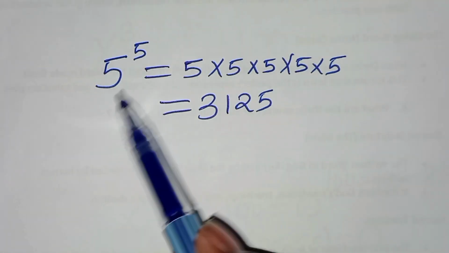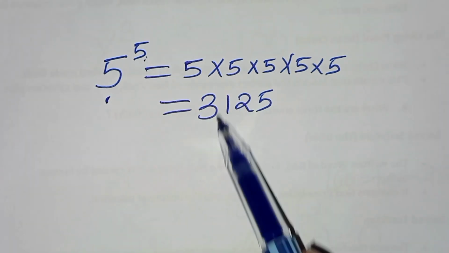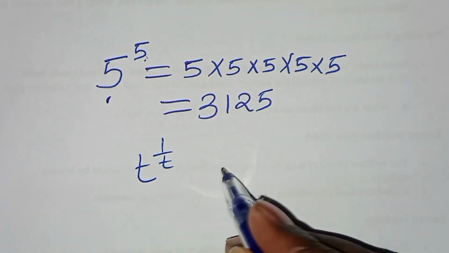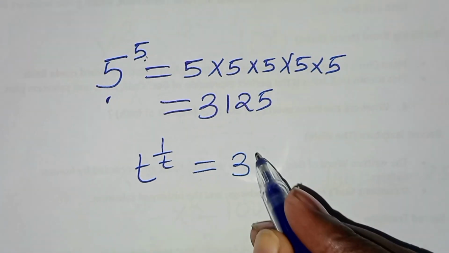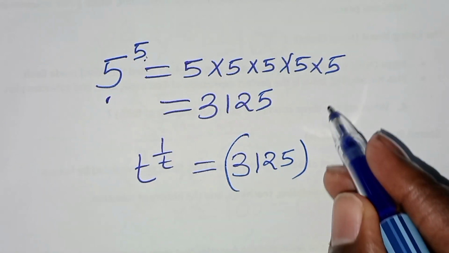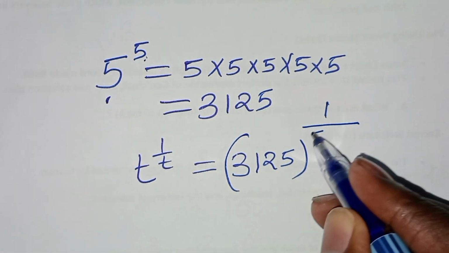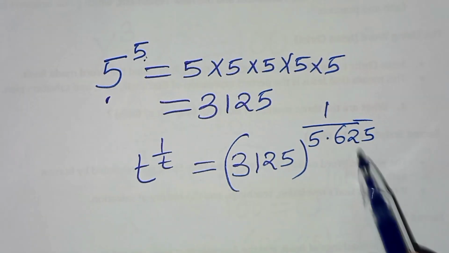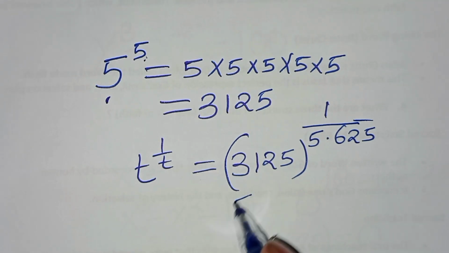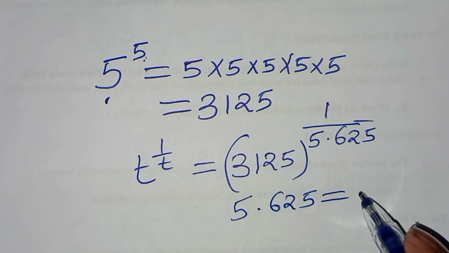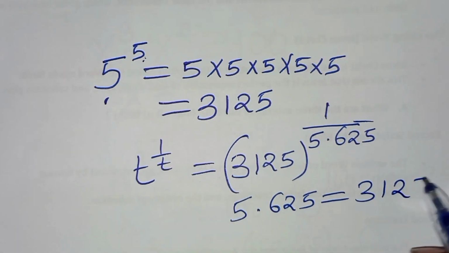Here we have 5 to power 5, which is 3125. That implies that t to power 1 over t is equal to 3125 raised to power 1 over 5 times 625. And again, 5 times 625 is 3125.